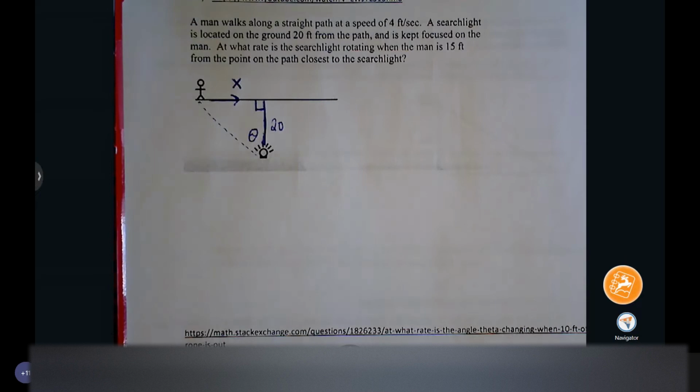Okay, we should have picked tangent as our trig equation.